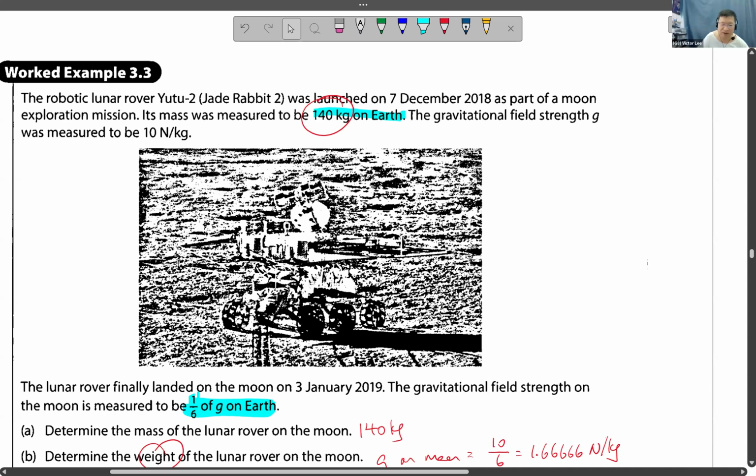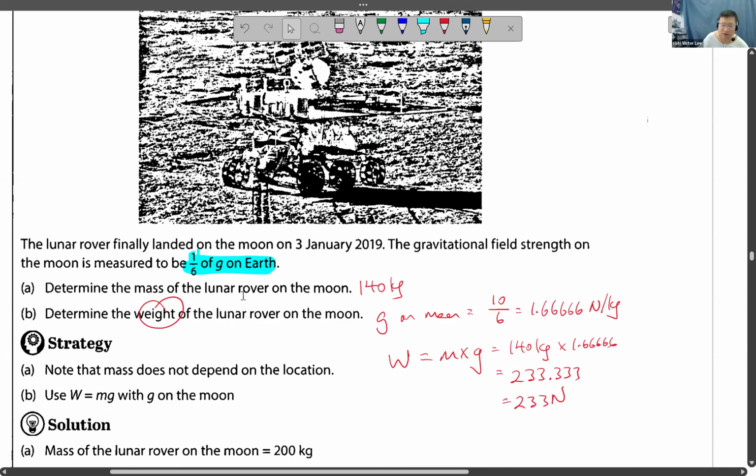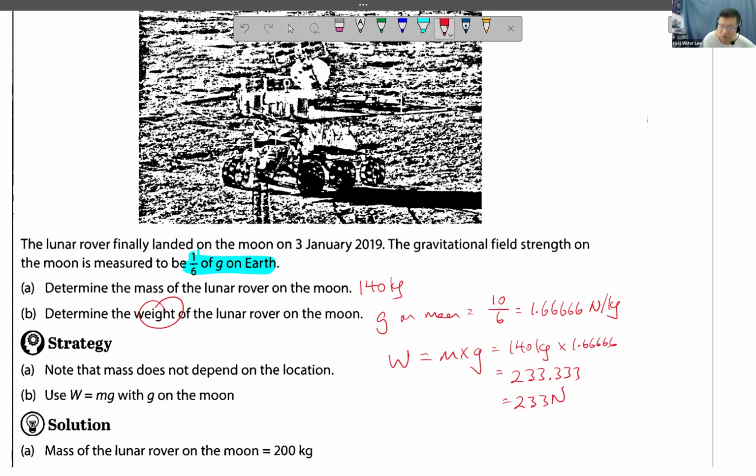And of course, 1/6, these are just whole numbers. Don't need to worry about this. So you realize the G actually is 1.666, whatever. So when you take the G multiplied by the M, I know this number has to be 2 SF. So if this is 2 SF, the answer must be 2 SF also. So in simple terms, 230 Newton, bracket 2 SF.